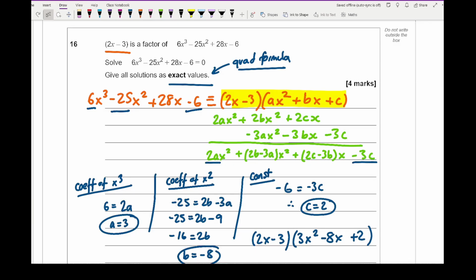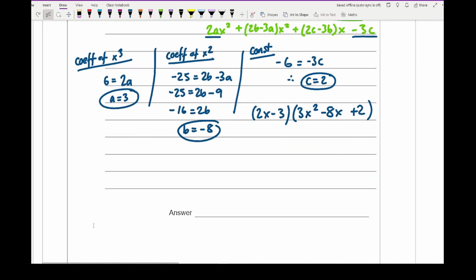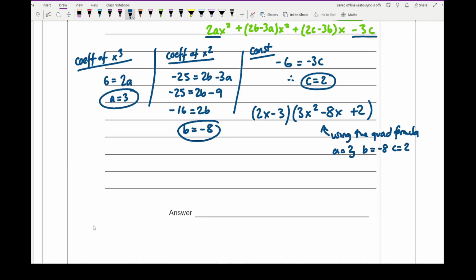Exact values usually implies using surds. So using the quadratic formula on this, we get a equals 3, b equals minus 8, and c equals 2. And I'm going to assume that you know how to do that. So the solution for this bracket is x equals 3 over 2.